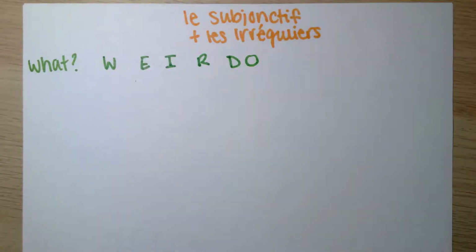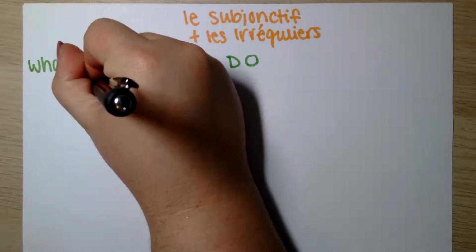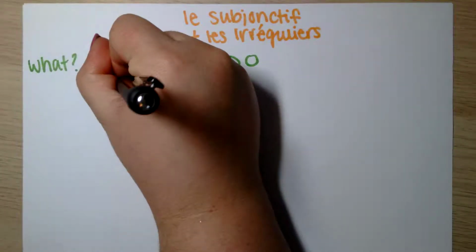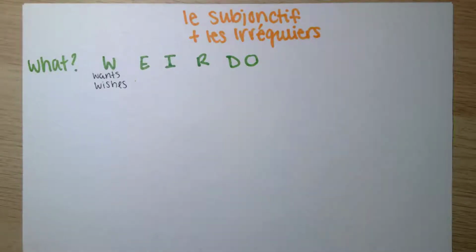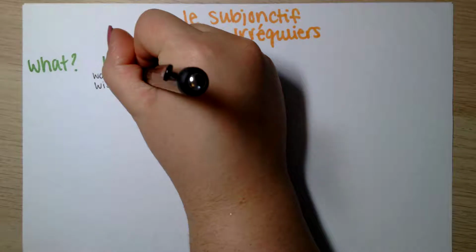Okay, so let's fill out our acronym with what it means. The first thing we're going to use is the W, and the W stands for wants and wishes. So we're going to write wants and wishes. The next one is E, for emotion.